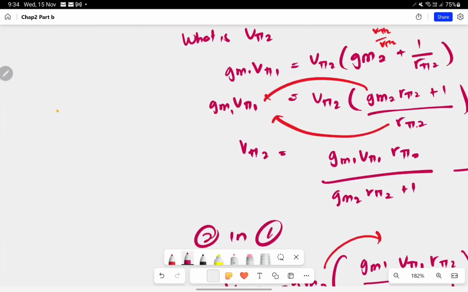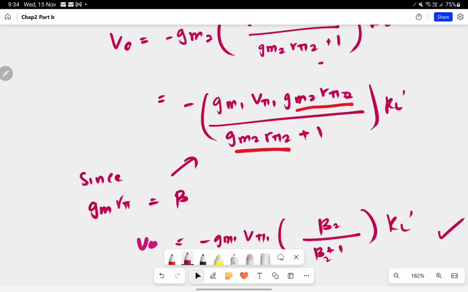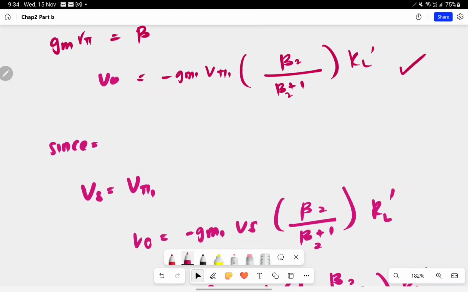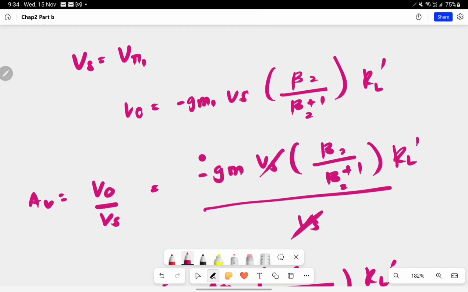To implement our gain formula, Vout over Vin, where Vin or Vs equals Vπ1, we replace it in the equation. Vout equals minus gm1 Vs, or Vπ1. Before that, I replace Vs equal to Vπ1 inside Vout.